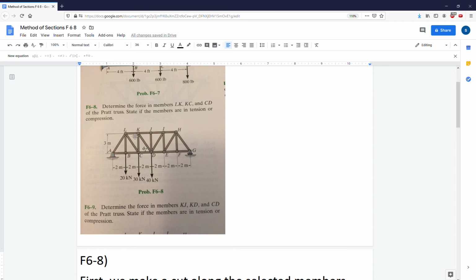I should also explain that even though the tension in LK is acting on point K, I can still use this distance right here, the 3 meters, because the tension LK is acting purely in the horizontal direction. And as far as moment is concerned, you are allowed to move the force along its line of action to any point that makes the problem easier to solve.